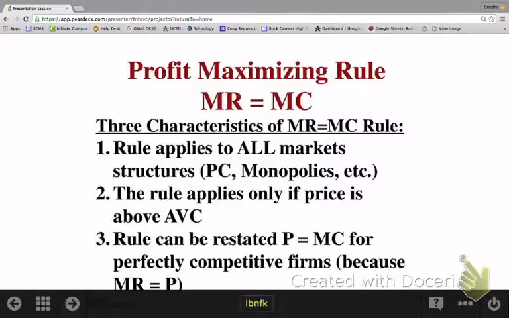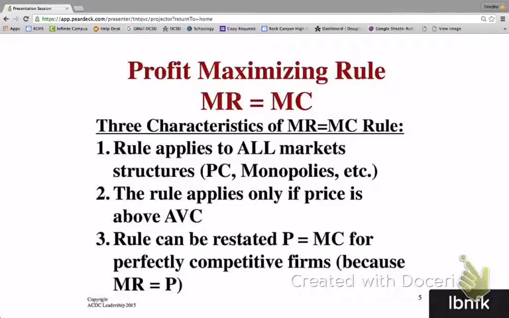So there are three characteristics of the profit maximizing rule. The rule applies to all markets. Here we're talking only about perfect competition, but that rule is still true when we look at monopoly, oligopoly, and monopolistic competition. So it will apply in all four market structures. The rule applies only if price is above average variable cost.